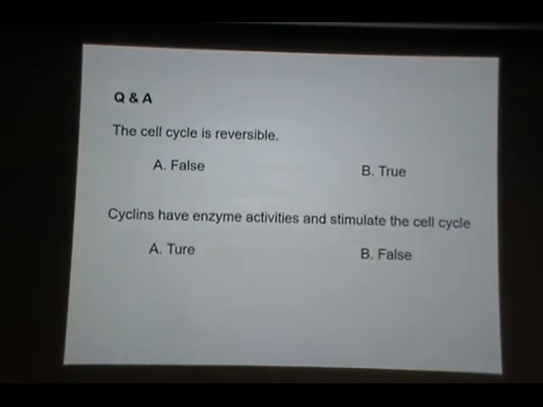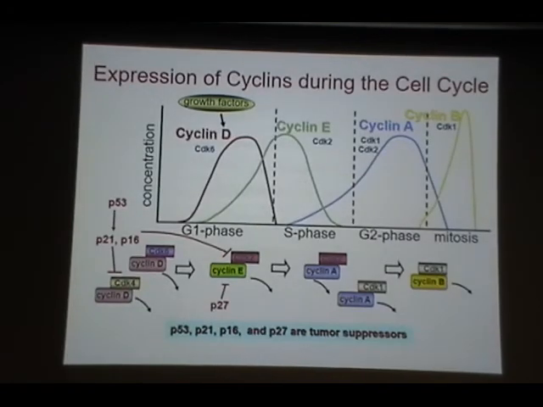So the question will be the cells. Yeah, I think I finished it. So just one point to answer your question. In the one hit hypothesis or single hit hypothesis, growth factors can activate this to initiate the cell cycle, right?